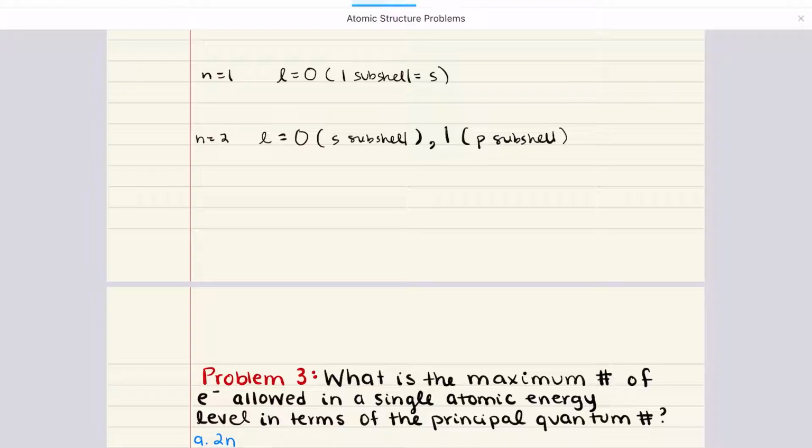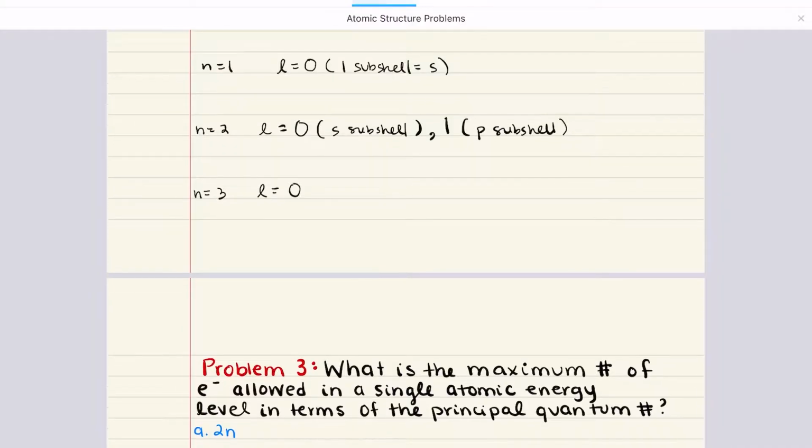Wonderful. And then when n equals 3, our L value can be 0, which relates to our S subshell. It can be 1, which relates to our P subshell, or it can be 2, which relates to our D subshell.